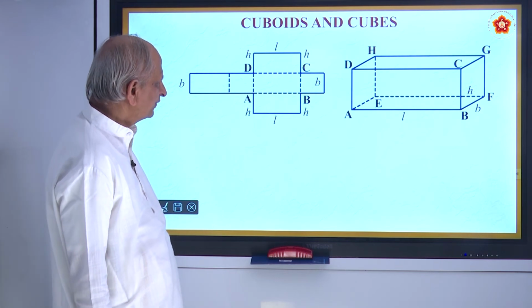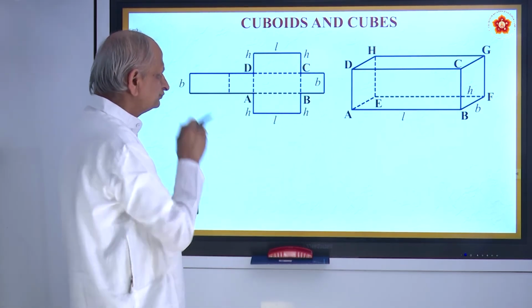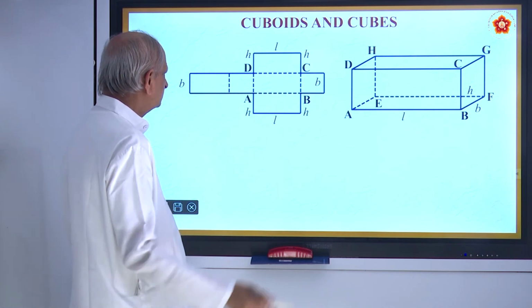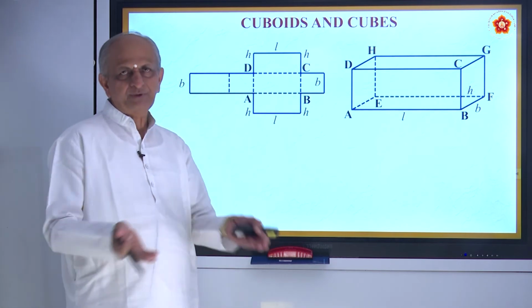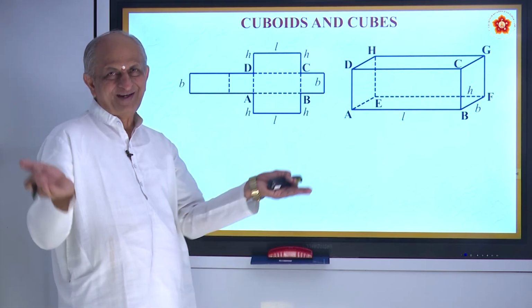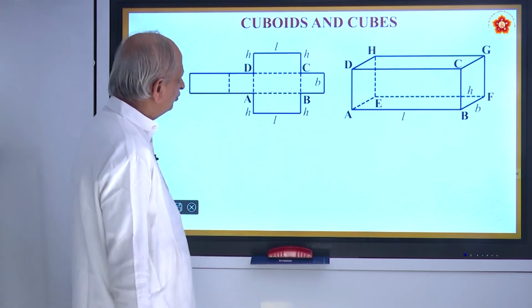Okay. So it has got length, breadth and height. And this is how it is made. You can take six rectangles and fold them in such a way that it comes in the shape of a cuboid, right?